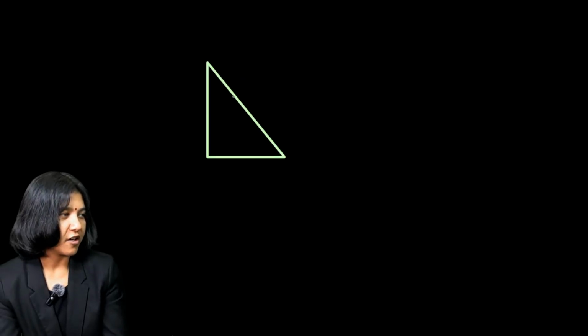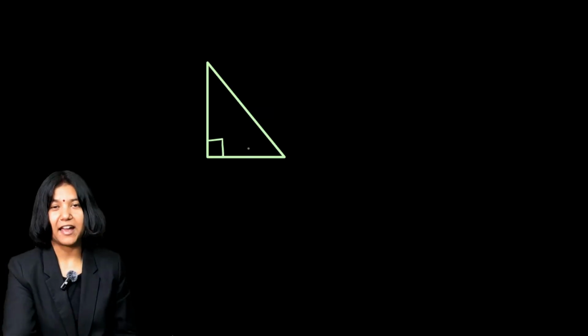Okay, let's talk about the identities. The first identity, okay, first of all, let me begin with the triangle. In a right triangle, we have Pythagoras theorem valid, right?